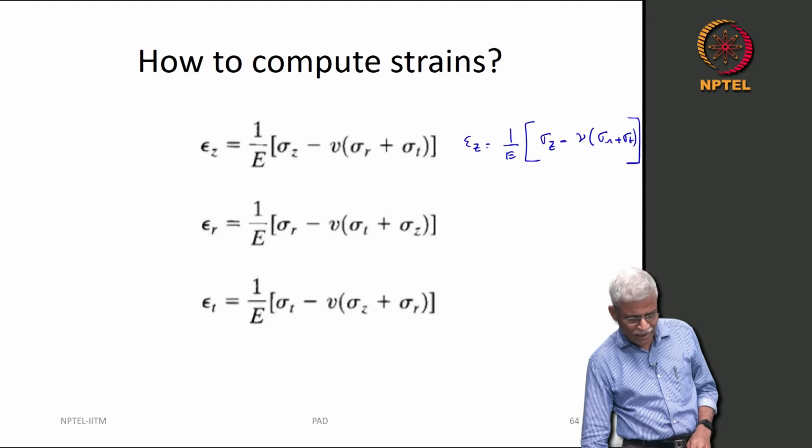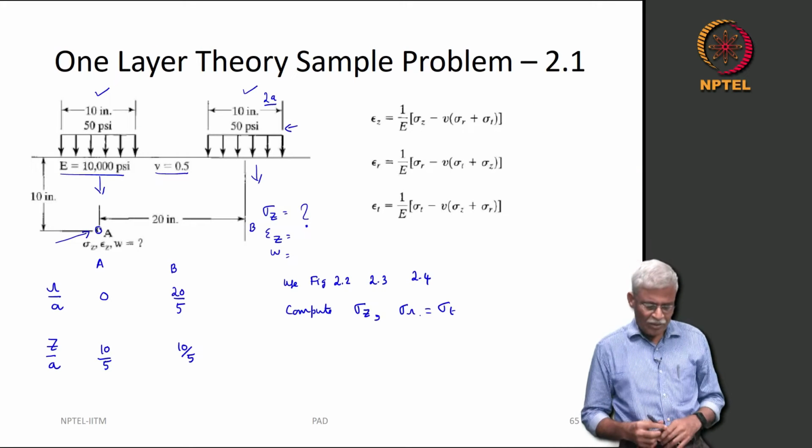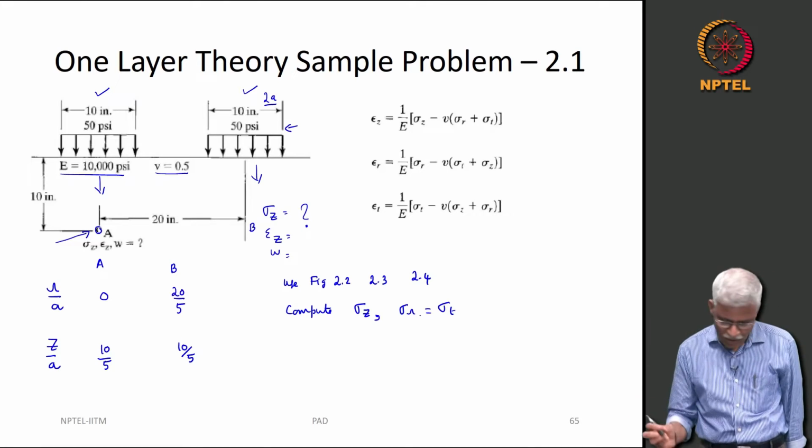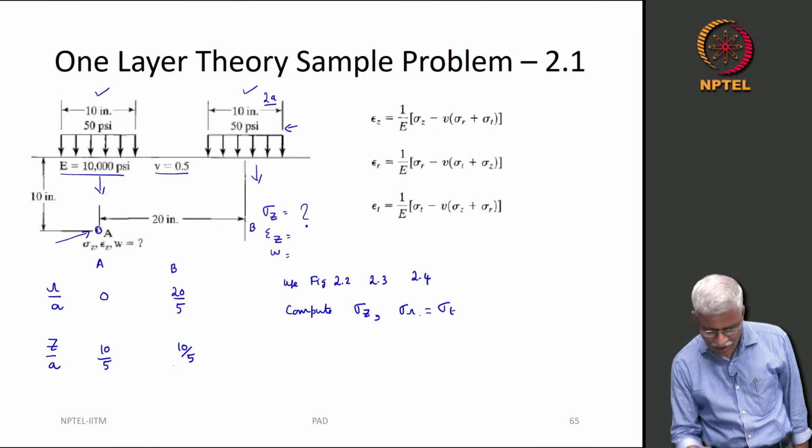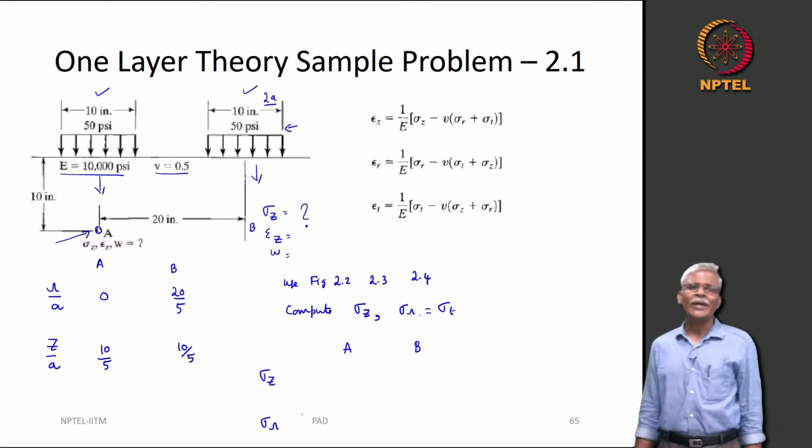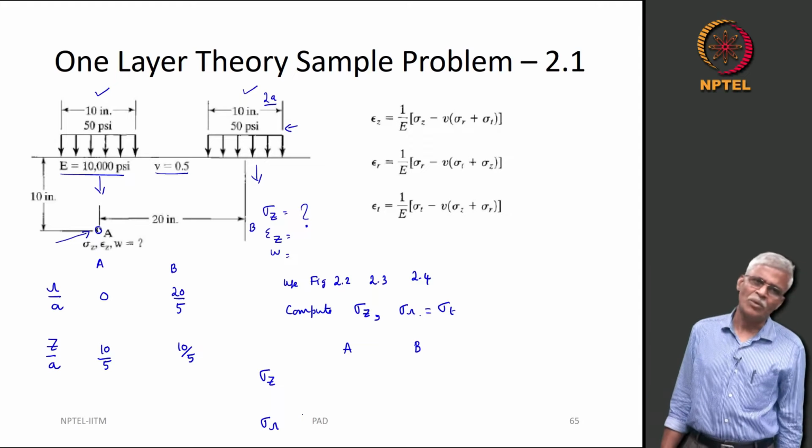So, when you do that, let me write here for location A as well as for location B: sigma z, sigma r. Now, why did I say sigma r is equal to sigma t?